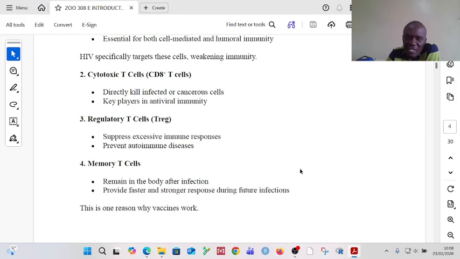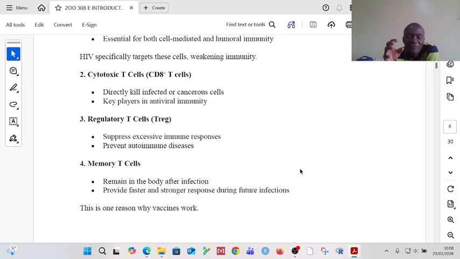The fourth type of T cells is what we call the memory T cell. After any infection, there are some T cells that will remain in the body. These T cells remain there and will help in providing a faster and stronger response during a future similar infection.